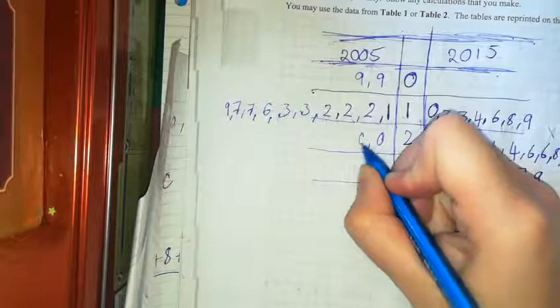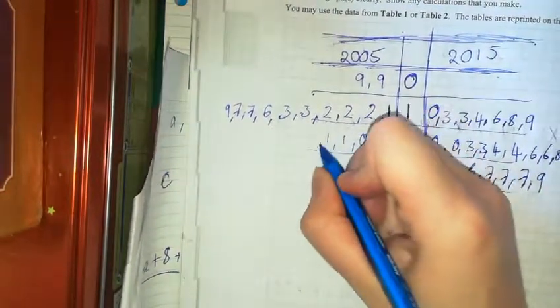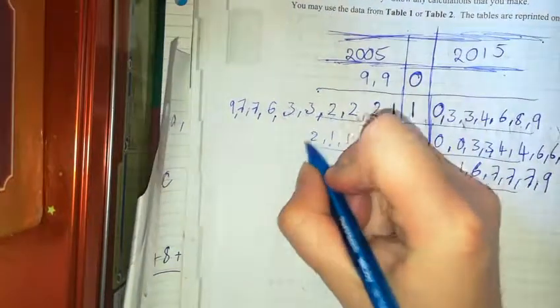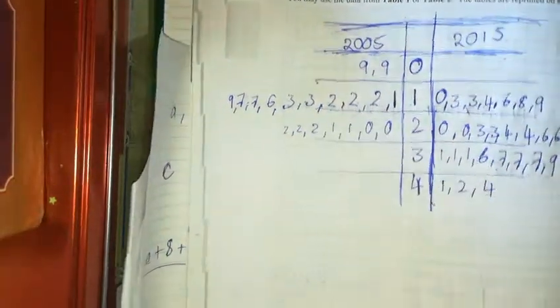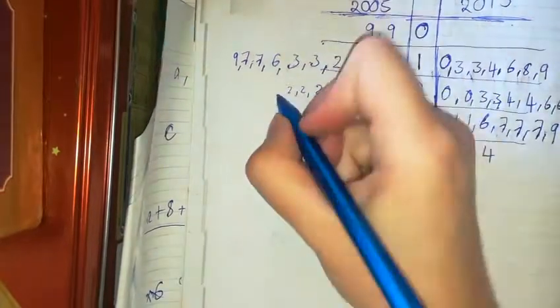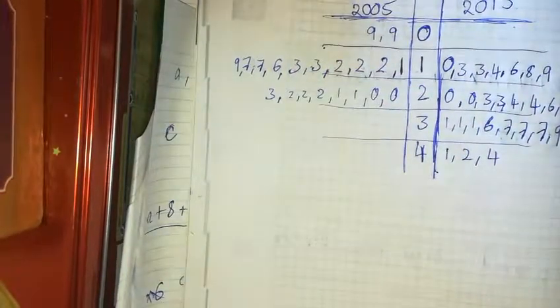Then we have 2 20s, 2 21s, and 3 22s, and then 3 23s.